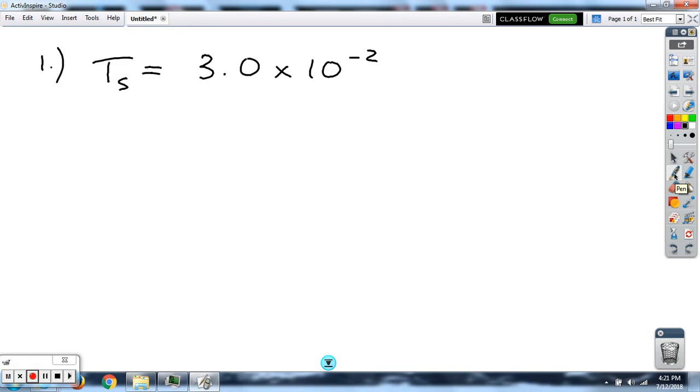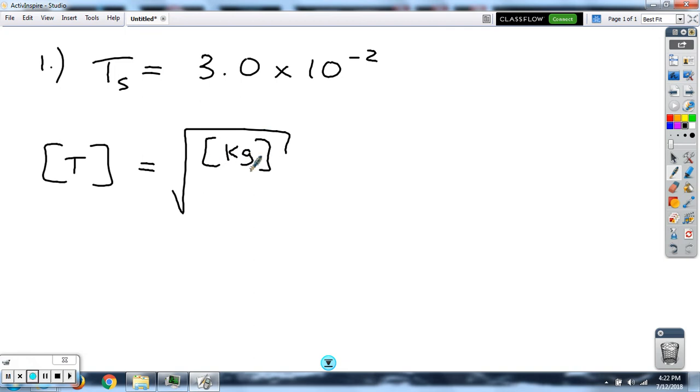So the units for the period, and when I do unit analysis I use these brackets, that's going to equal, you have a number, so that number, the 2 pi, has no units. So you start off with the square root, and on the top I have units of kilograms, and on the bottom I have units of kilograms per second squared. And so now we're going to simplify this down.